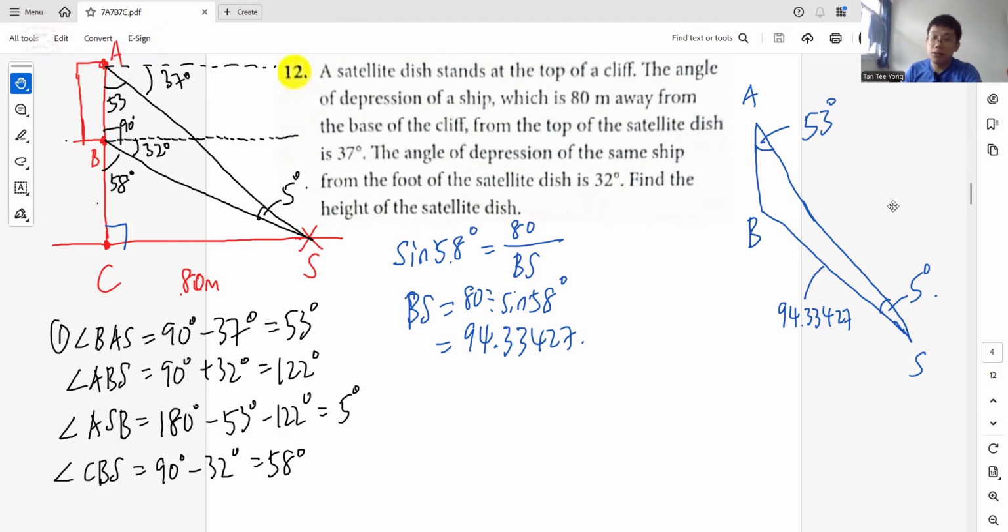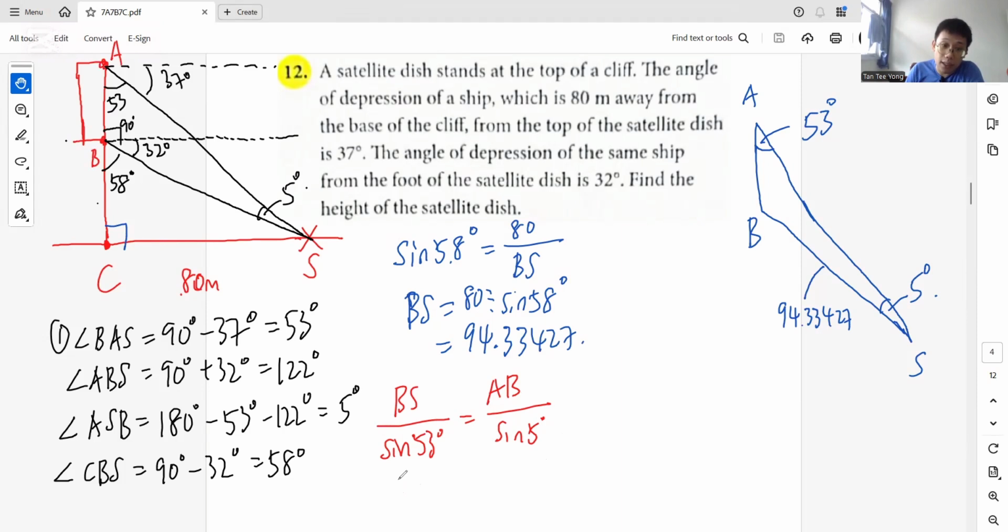So we can use the sine rule again. BS over sine 53 degrees is equal to AB over sine 5 degrees.